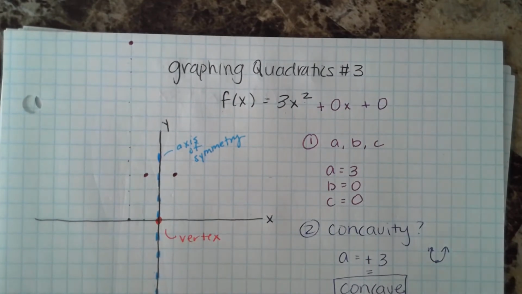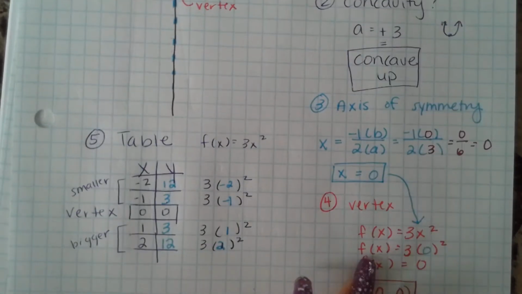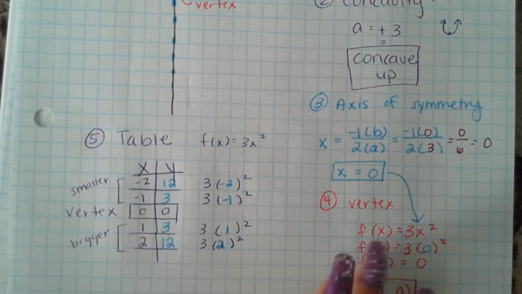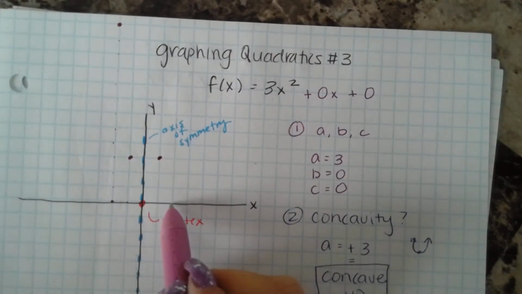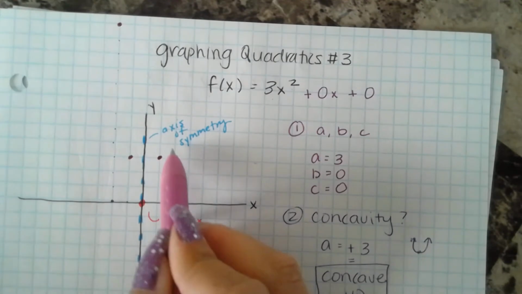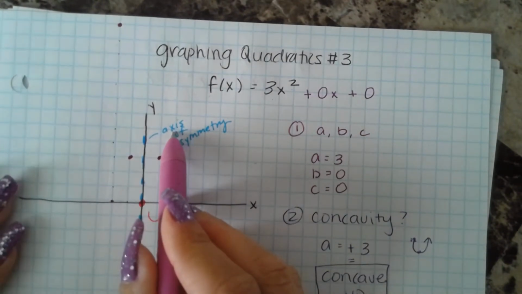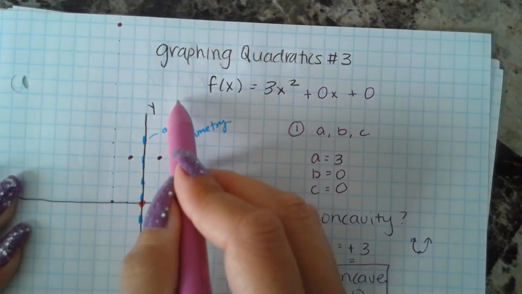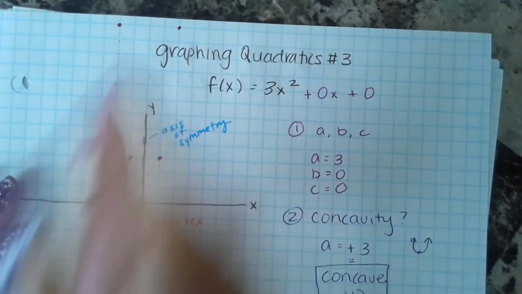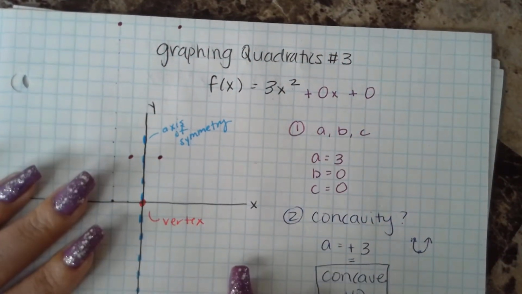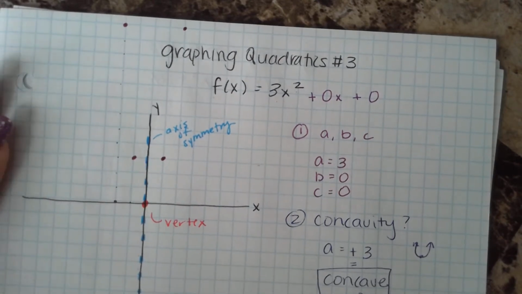Great. And then we have 2 and 12. So we're going to go to the right 2, 1, 2, and up 12. 1, 2, 3, 4, 5, 6, 7, 8, 9, 10, 11, 12. Right here. And I know this is looking like it's falling off of my paper, and I apologize.